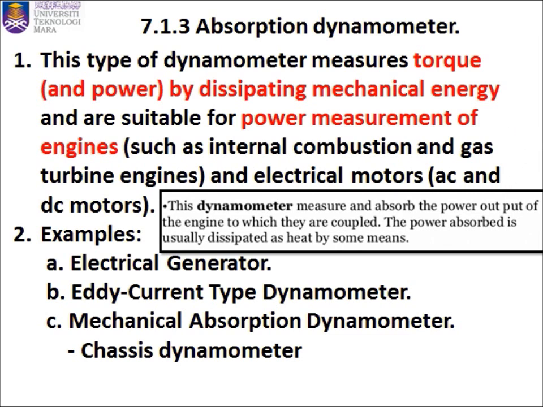This dynamometer measures and absorbs the power output of the engine to which it is coupled. The power absorbed is usually dissipated as heat by some means. Examples are the electrical generator, the eddy current type dynamometer, the mechanical absorption dynamometer, and the chassis dynamometer.